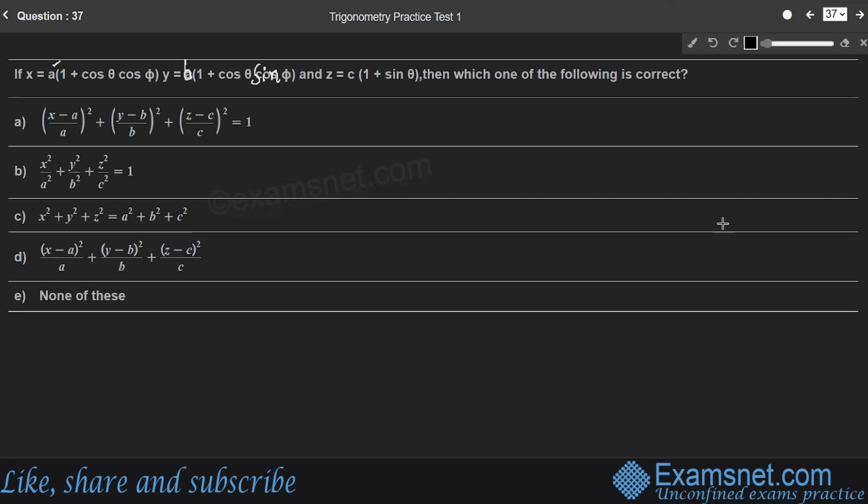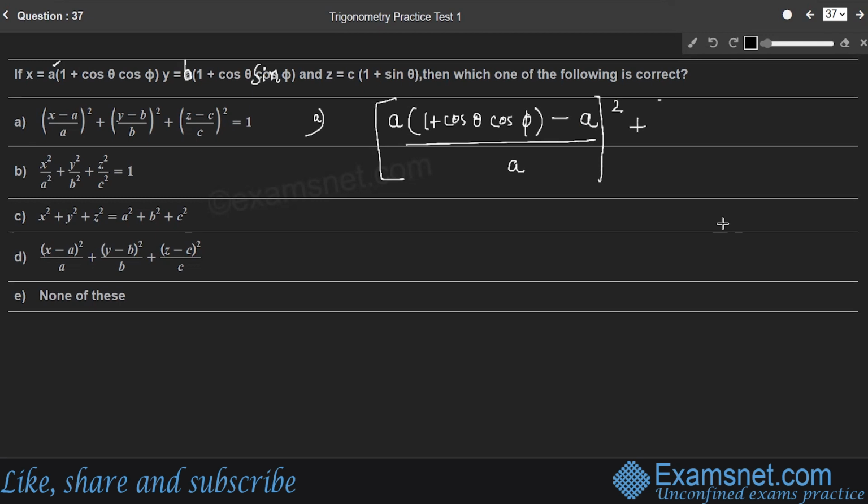So among 5 options, we'll consider the first option. Option A, x minus a the whole square by a. So we are just substituting these values. X is a into 1 plus cos theta into cos pi, right? So x is this value minus a divided by a the whole square, right? Plus, we'll consider the second term, which is y minus b.